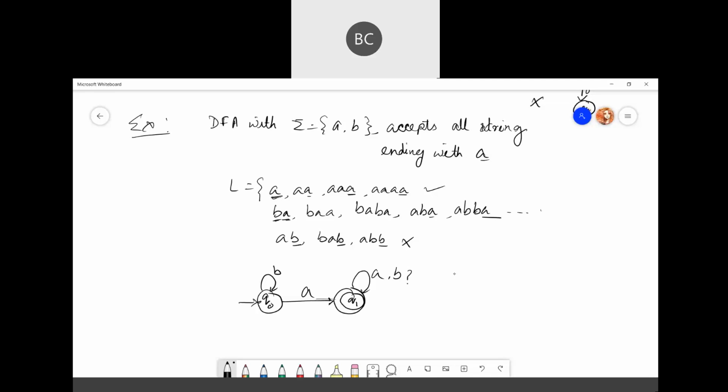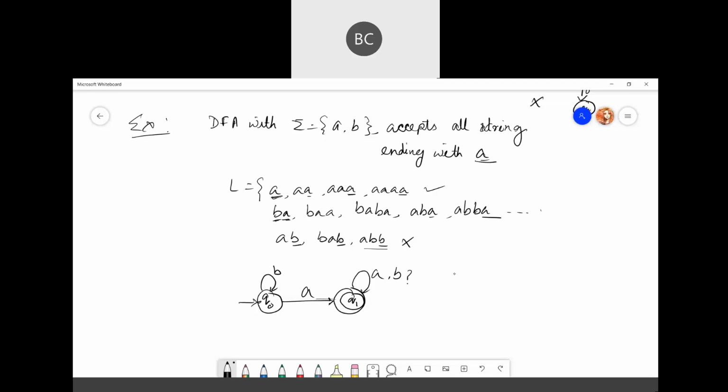If I make a self loop B here, then any string ending with B will also be accepted. Suppose AB, A and B will read and it will be accepted. But that's not the condition. It should be ending with A, not with B. It can also accept ABB.